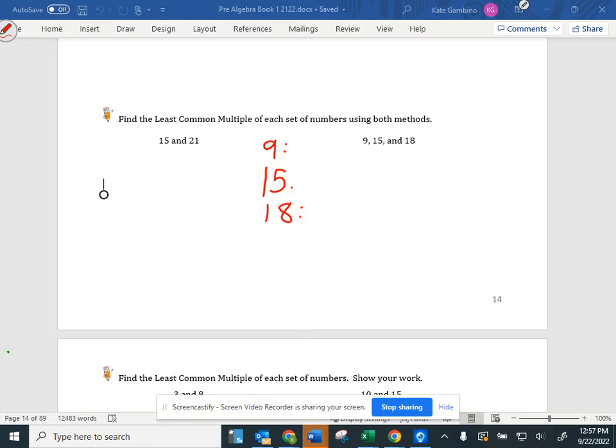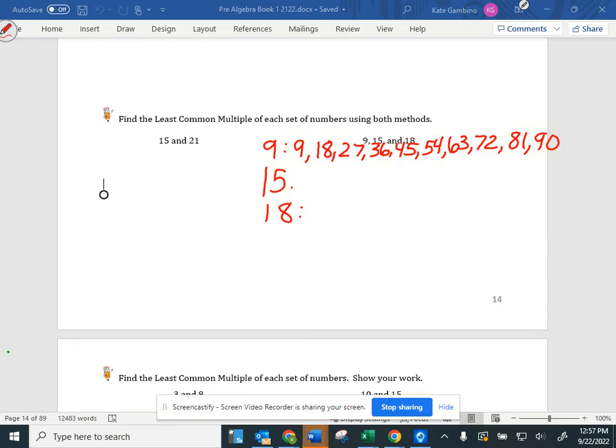What are my multiples of 9? 9, 18, 27, 36, 45, 54, 63, 72, 81, 90.